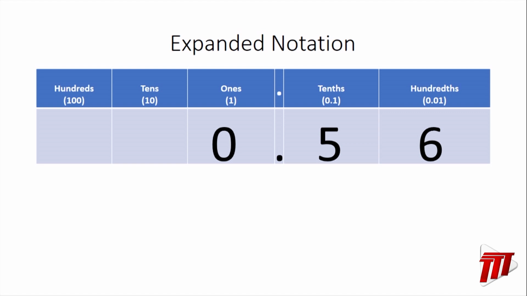We can also present the same information using our tenths and hundredths expressed in decimal notation. The value of the 5 becomes 5 by 0.1, which is 0.5 in decimal notation. The value of the 6, 6 by 0.01, is 0.06 in decimal notation.